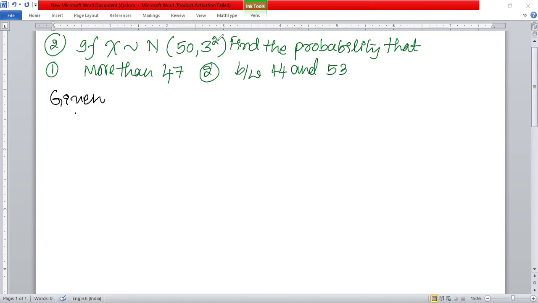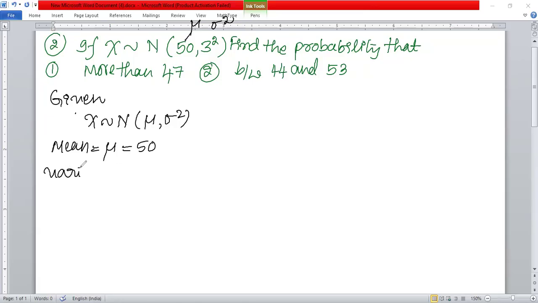Note that normal distribution is confirmed. So here this is mu and this is sigma square. So obviously x follows normal mu comma sigma square. So when we are in this form, we are able to write like this. So mu is equal to 50. Then the variance is given as sigma square, so sigma square is equal to 9. We don't want sigma square.